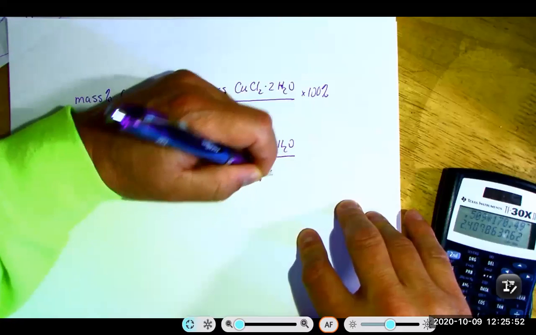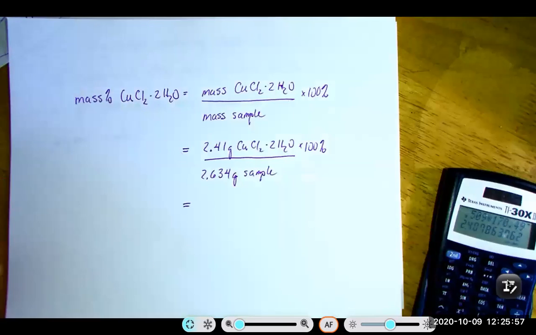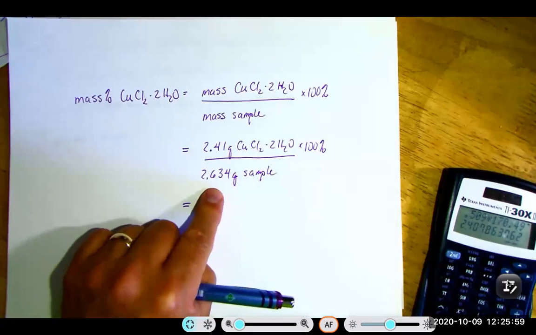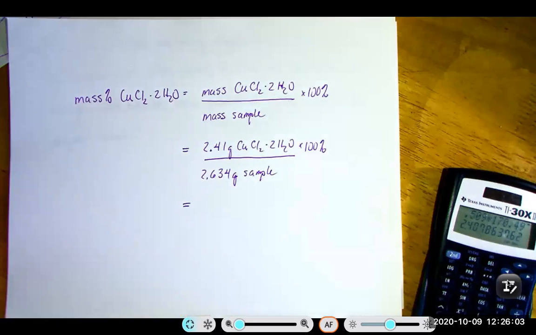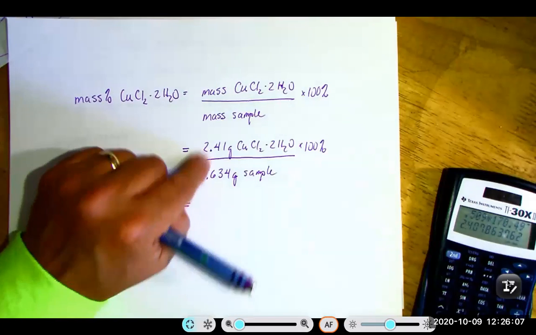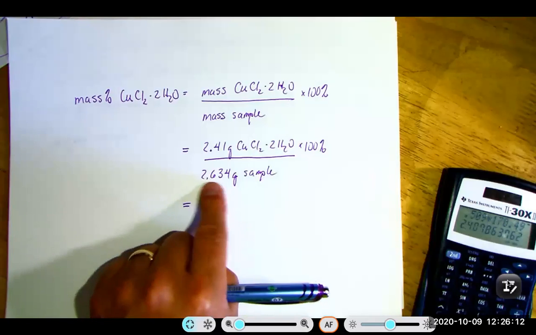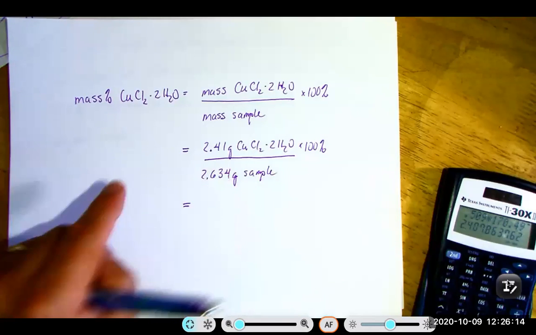And then times 100%. And you can see that this number is going to be pretty close to 100% because this divided by this is almost 1. These differ by what? 0.23. And 0.23 is roughly 10% of this. So the answer should be around 90%.